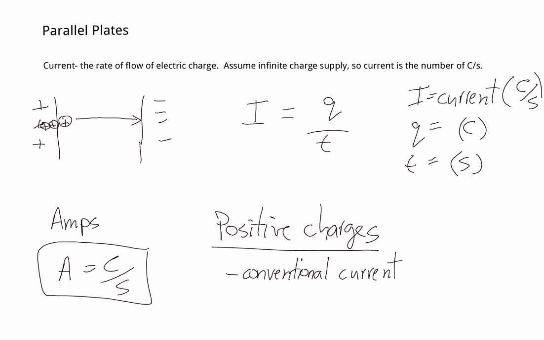Okay, and normally we don't have positives moving, so typically we consider our negative charges, or electrons, moving in electricity, like in your plugins and so on. So the negative, the electron charges move normally.